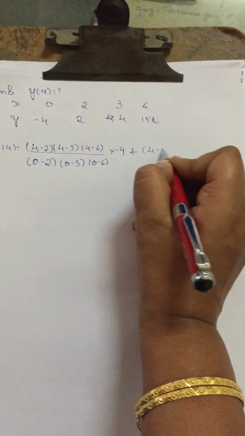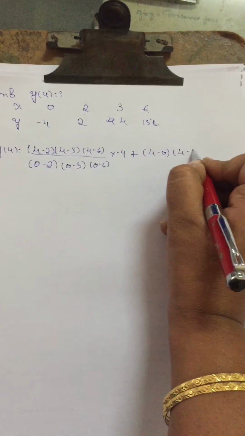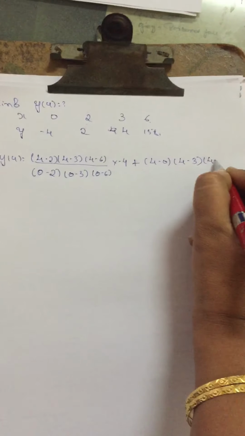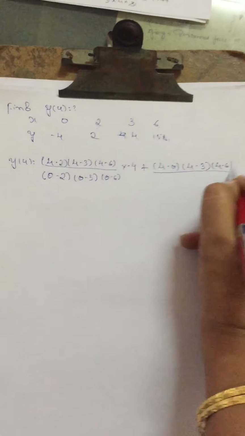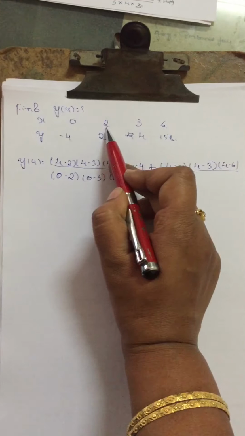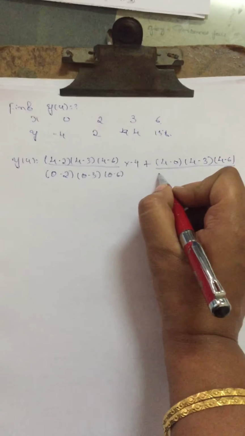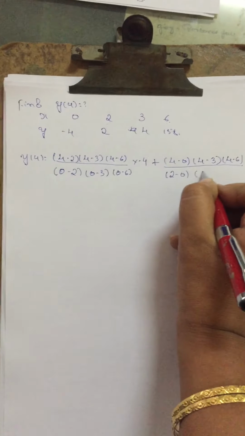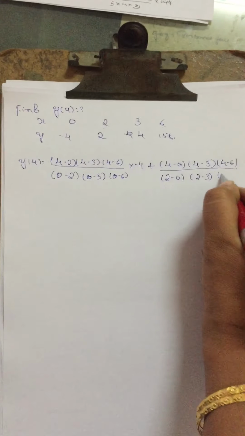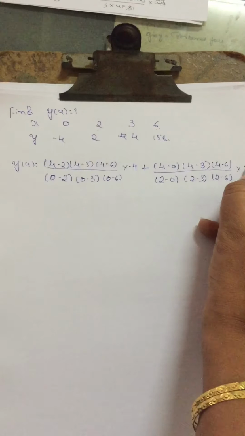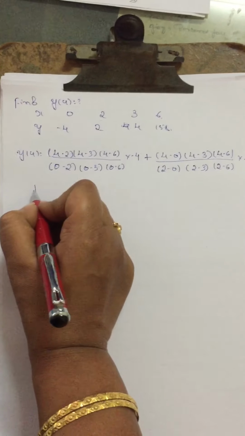That is 4 minus 0, 4 minus 3, 4 minus 6, divided by, in the numerator we neglected 2, so in the denominator subtract with 2, that is 2 minus 0, 2 minus 3, 2 minus 6, into 2. Plus, come to the third term.